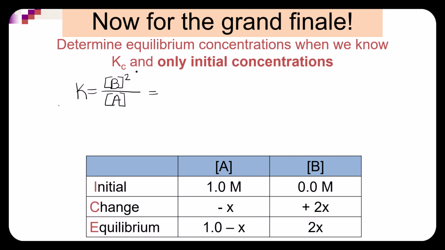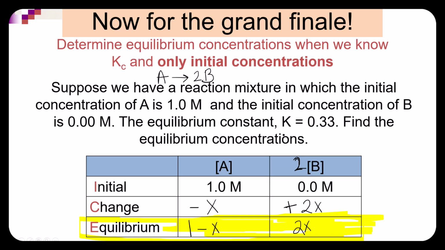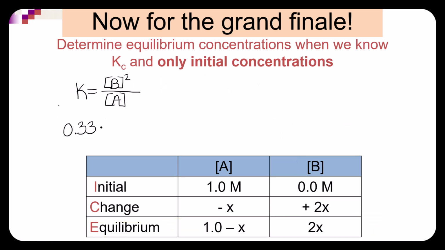I have some values that I can put into this equation now, right? I know that K equals 0.33. How do I know that? That's what the problem told me. I also have equilibrium values that I can plug into this equation, okay? So on the top, I can put the concentration of B at equilibrium is 2x.